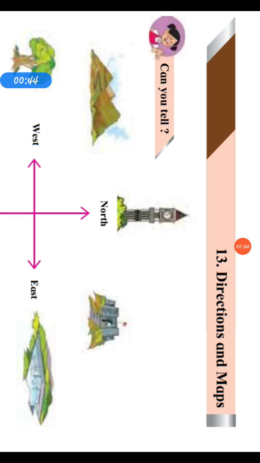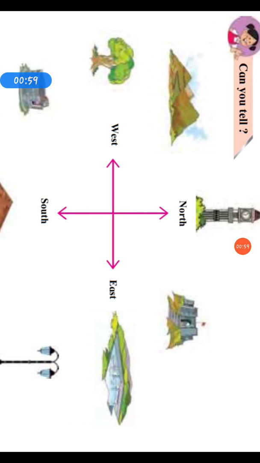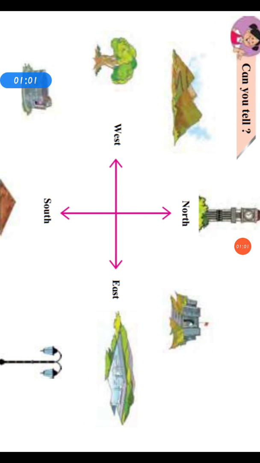The direction from which the sun rises is east, and the exactly opposite direction is called west. See, there are four directions given: east, west, north and south.